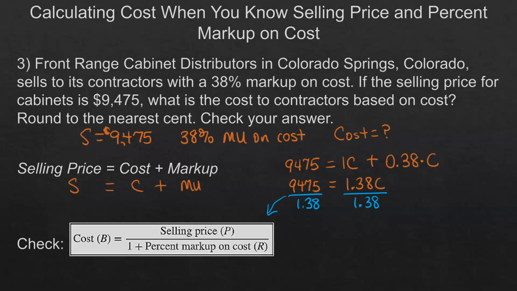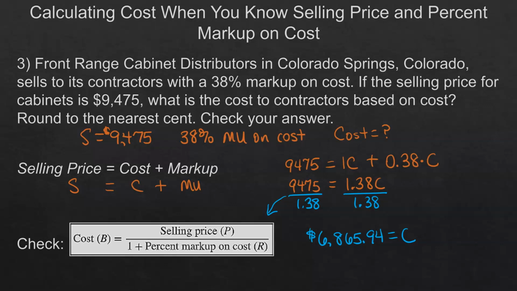Take the selling price, divide it by 1 plus the percent markup on cost. So the check is right there. We would be doing the very same thing, right? So it would be the 1.38. So when we divide this, we get 6,865.94. We just naturally round this to dollars and cents, and that's our cost.